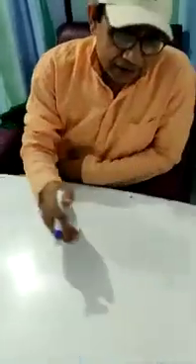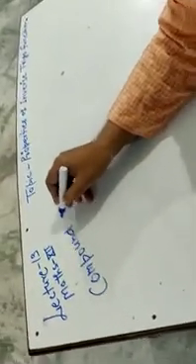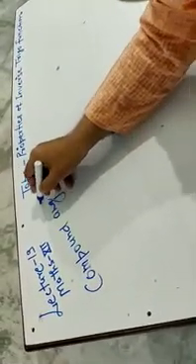Today we continue properties of inverse trigonometric functions. We already discussed in the previous class properties of inverse trigonometric functions of compound angles. We already proved tan inverse x plus tan inverse y equals tan inverse (x plus y) by (1 minus xy).